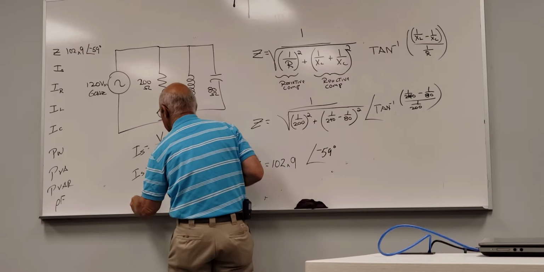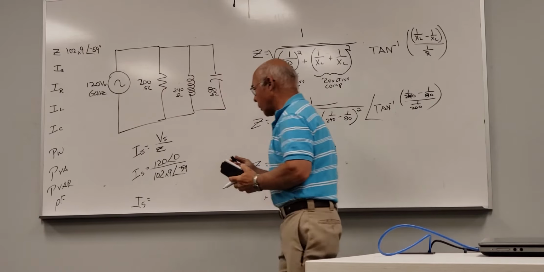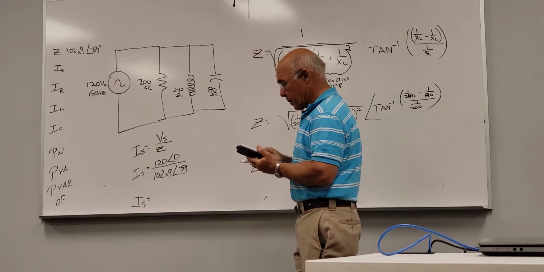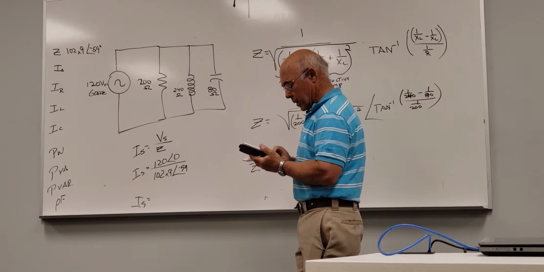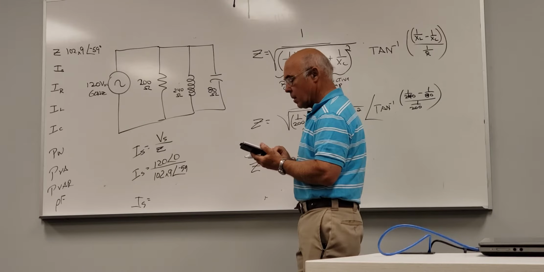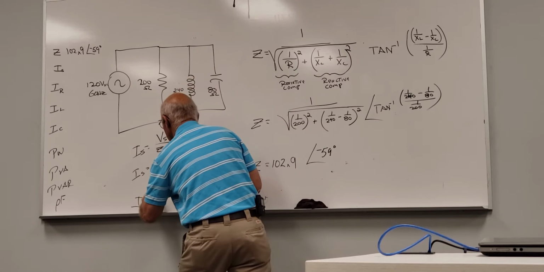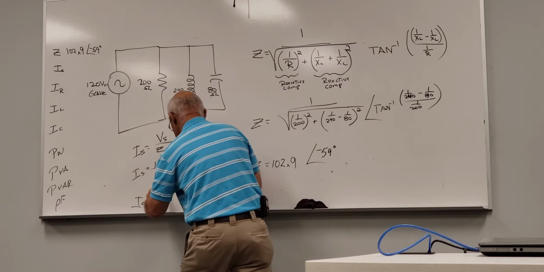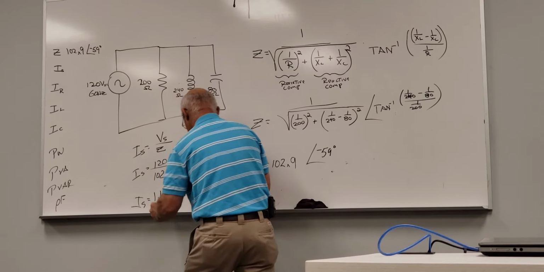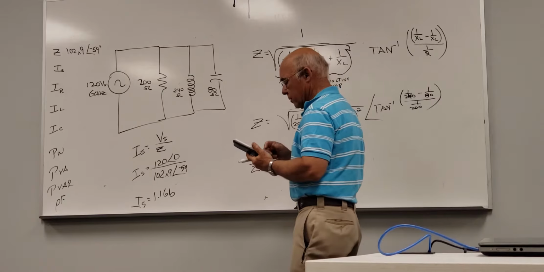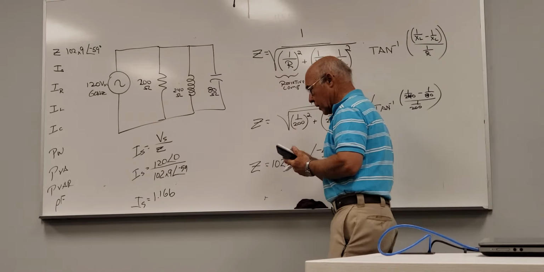Source current will be 1 point something here. 120 divided by 102.9 is 1.16, or 1.17, however you want to look at it.